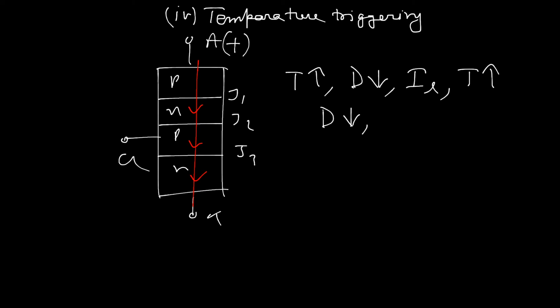That means it is a kind of cumulative process. And once the depletion layer is completely vanished, the device is in working condition or on state. So this is all about temperature triggering.